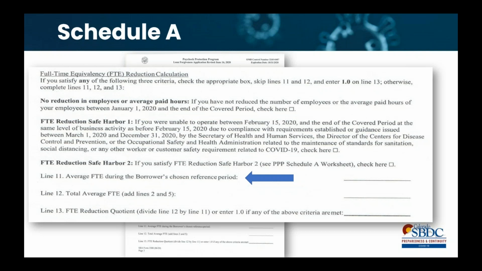Each business has a choice of 2 time frames in which to make this calculation, and seasonal businesses have a third additional choice. You can and should pick the time frame that gives you the lowest FTE count, since this will lower the amount of forgiveness reduction that you will receive. Remember, you must be consistent with the FTE methodology that you select.